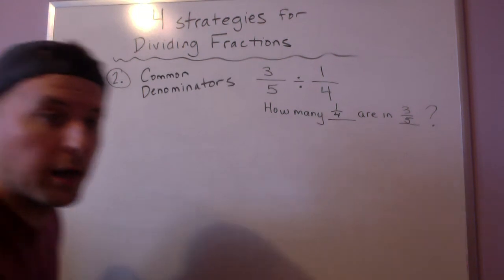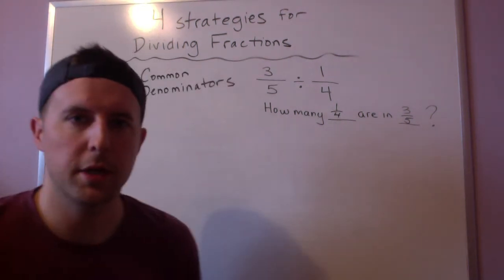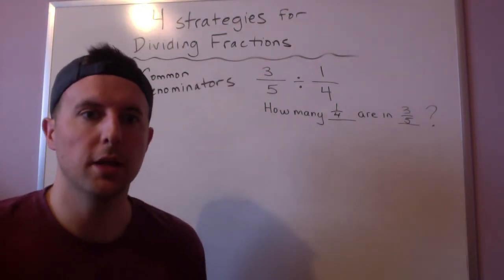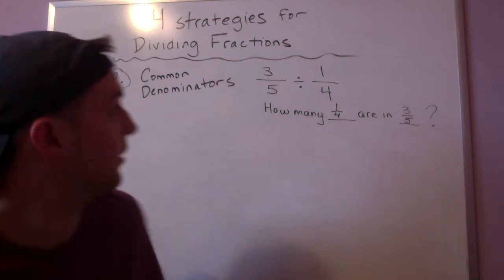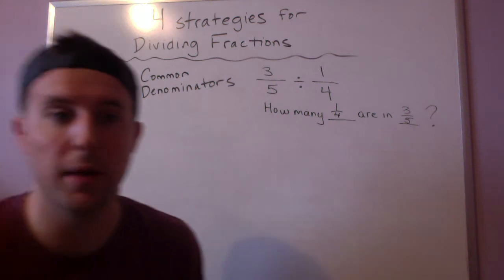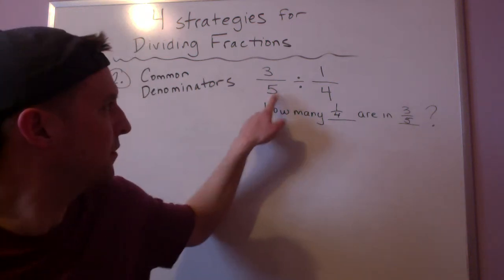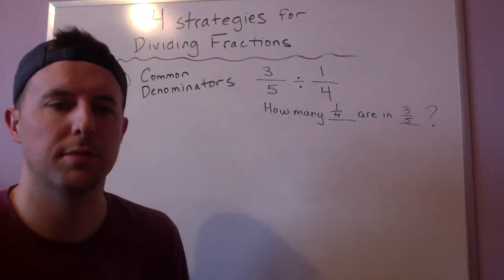All right, so the second way we learned was common denominators. Now remember, common denominators is a great strategy because it helps you get things to be the same size parts. So how many 1/4 can I get out of 3/5? Right now, fifths and fourths are different size parts. So how could I get them to be the same size parts?